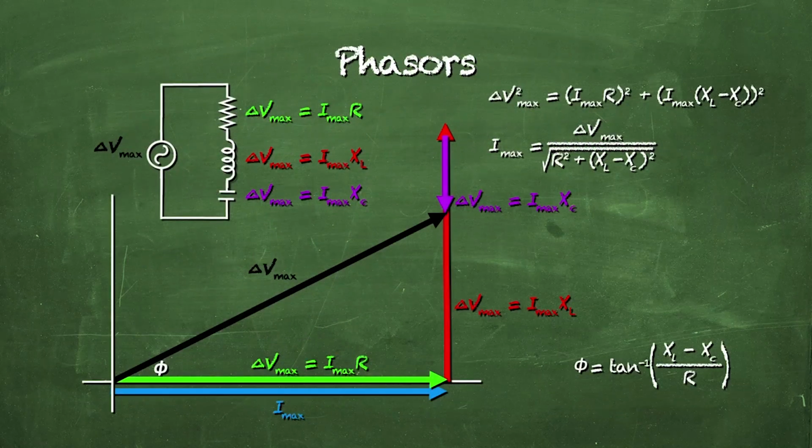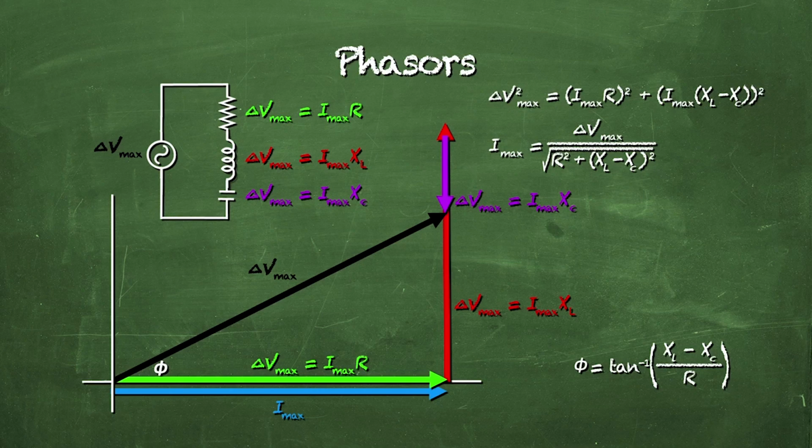Here is our phasor diagram where we have the current I max phasor along the x-axis. We also have the voltage across the resistor along the x-axis.